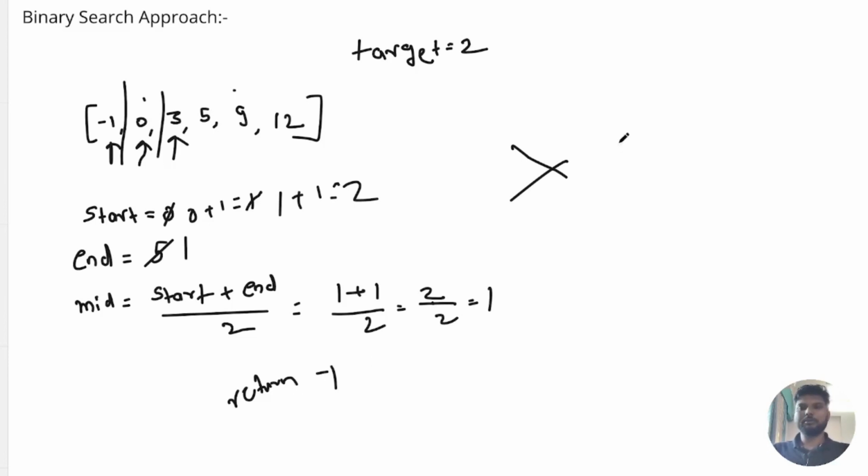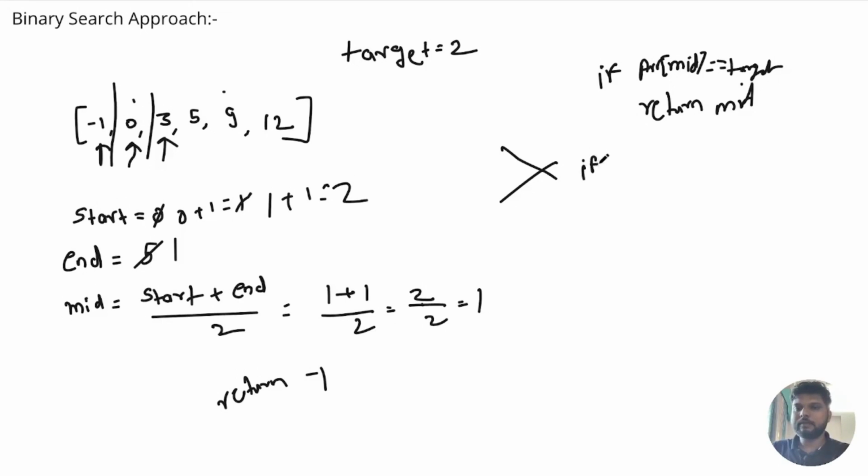Okay, so on a broader level, 3 conditions exist in binary search. If array of mid is equal to target, in this case return mid. Okay, then the second condition is if array of mid is lesser than the target.